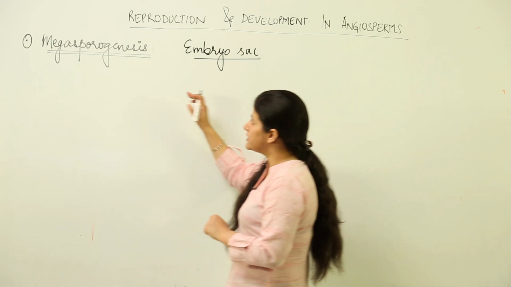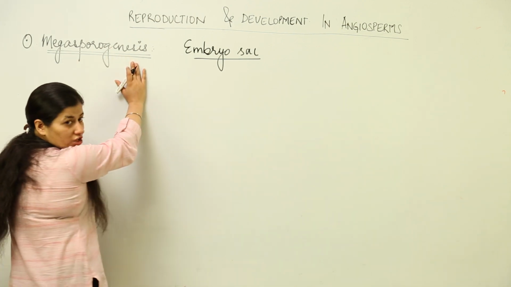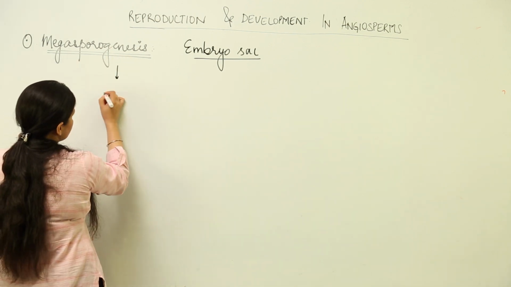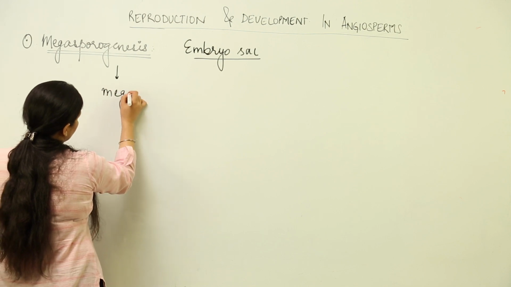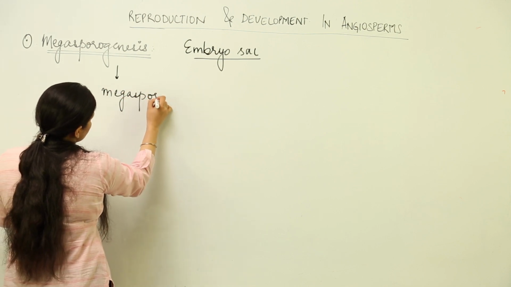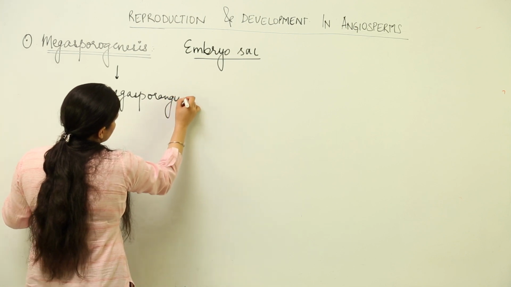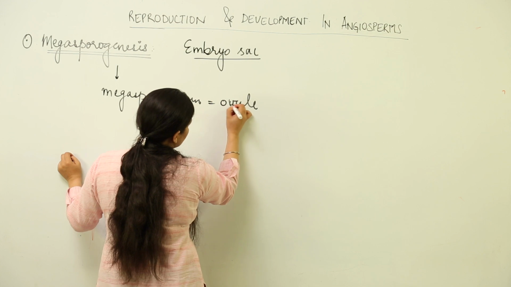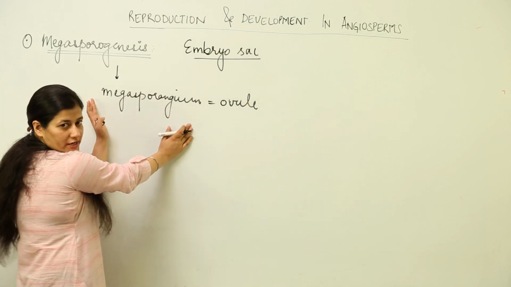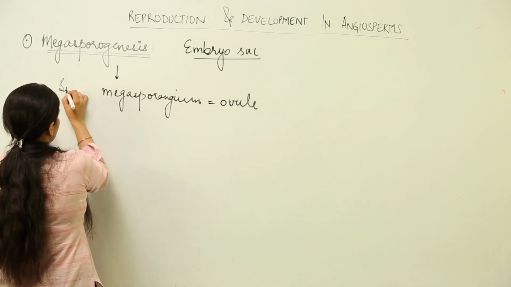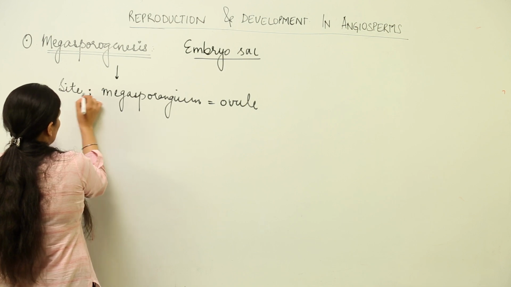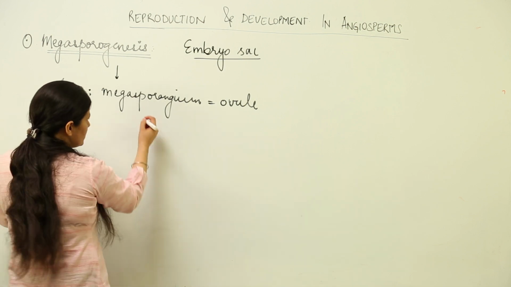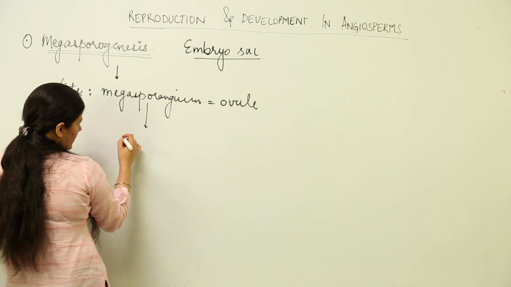First thing is that megasporogenesis is going to take place in the megasporangium. Now, what is the megasporangium? That is the ovule, the site where megasporogenesis is going to take place. Now, what is to be formed out of this megasporangium?